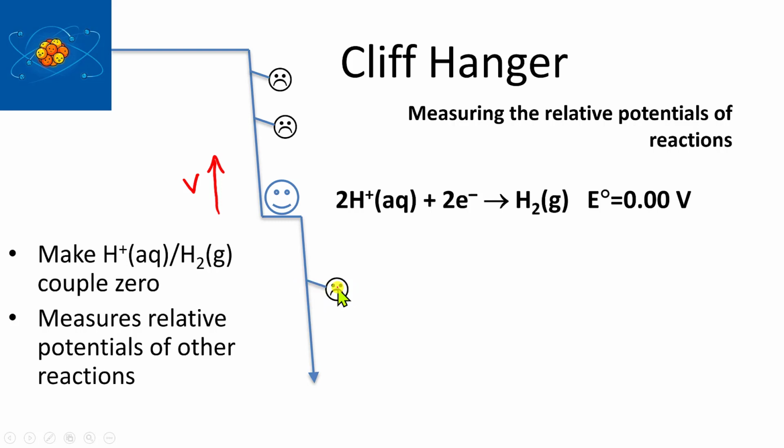And if you wanted to, and this is how it works with voltages, calculate the energy between this guy and this guy, all you would have to know is how much energy this one is above hydrogen and how much energy this one is below hydrogen, and then you can calculate it.